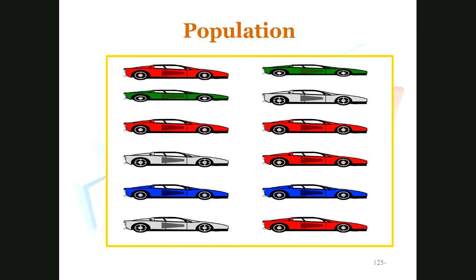Okay, so for example, this, excuse the drawing, is a population of these particular cars. I'm not sure whether they're supposed to be some kind of special car, whatever. That is the population, and in this population there are 12 cars.